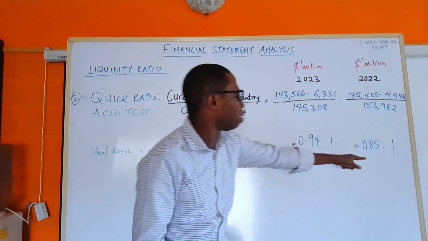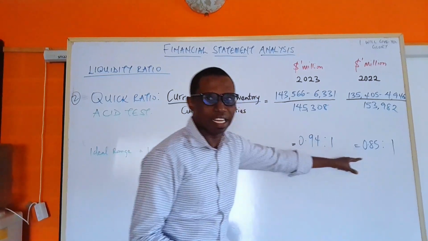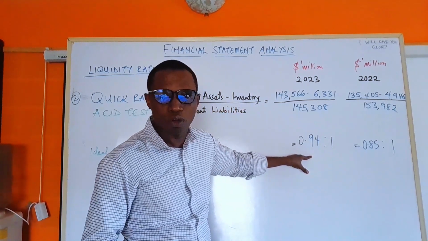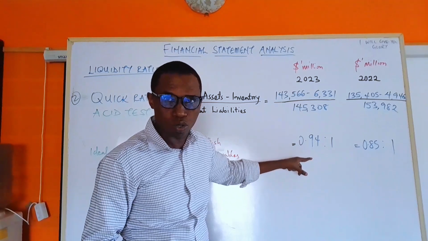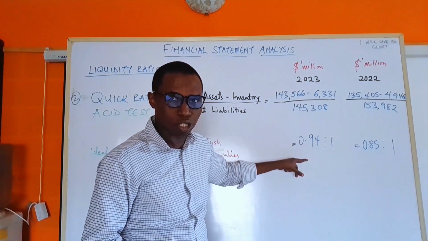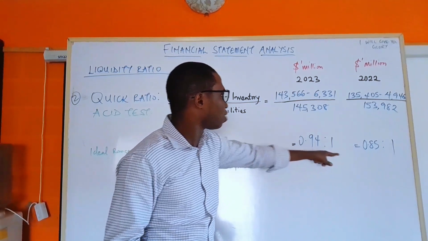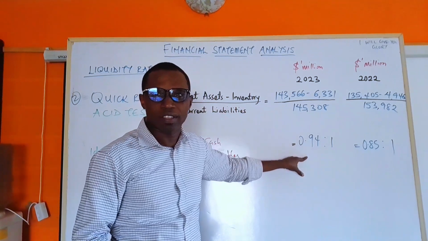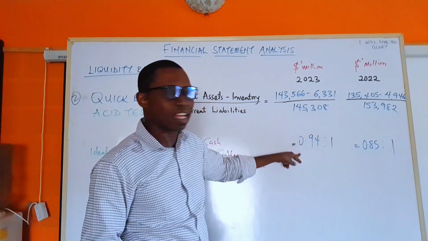You can see that there is an improvement. Apple saw that there is a need for them to work on it, even though this is the biggest company in the whole world by market capitalization. Yet they saw that there is a need for them to work on it, and that's why you can see that there is an improvement.